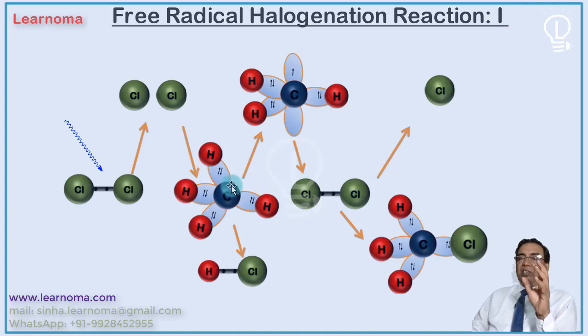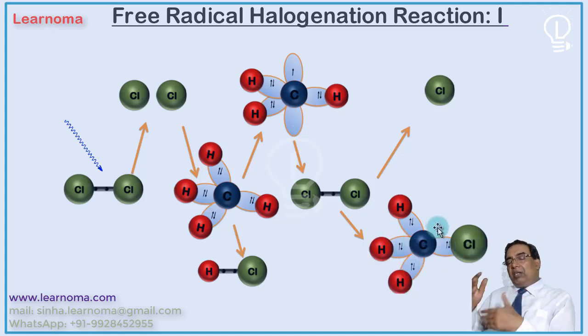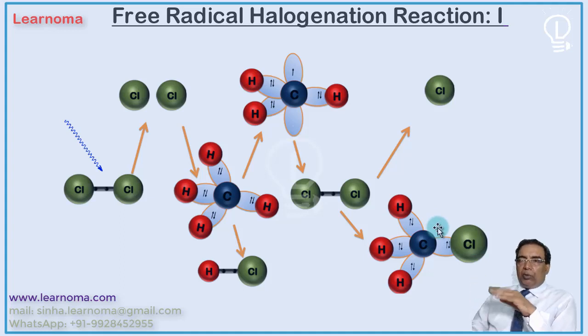And if the concentration of methane gets exhausted, then it reacts further with the methyl chloride itself. It reacts with methyl chloride and forms HCl and results in the formation of the CH2Cl radical, which will further undergo chain reaction and produce CH2Cl2.